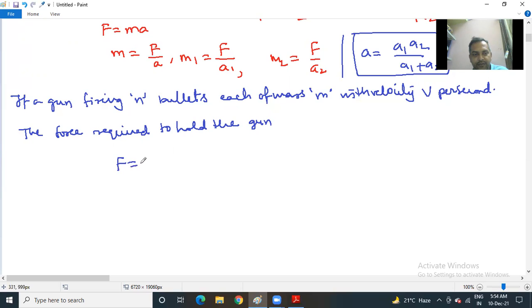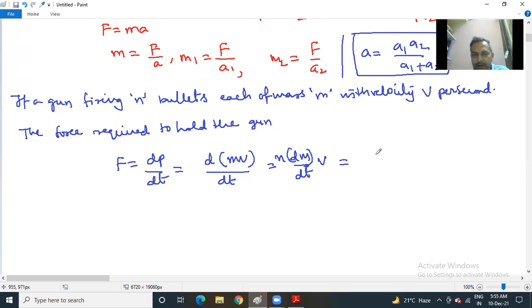So we know that F is equal to ma. First let us write Newton's second law. It is dp by dt, rate of change of momentum. Now we can write m into v by dt. So we can write this is dm by dt. But n bullets each of mass m, so therefore with v.